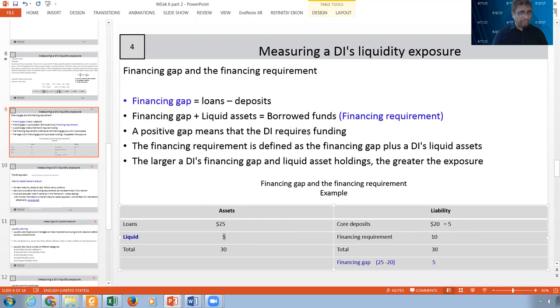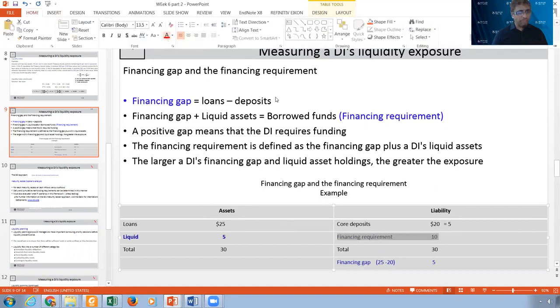The liquid asset is 5 and the difference, which is the financing gap, is 5. So this is what I need to borrow. So the financing requirements, as you can see, is actually 10.